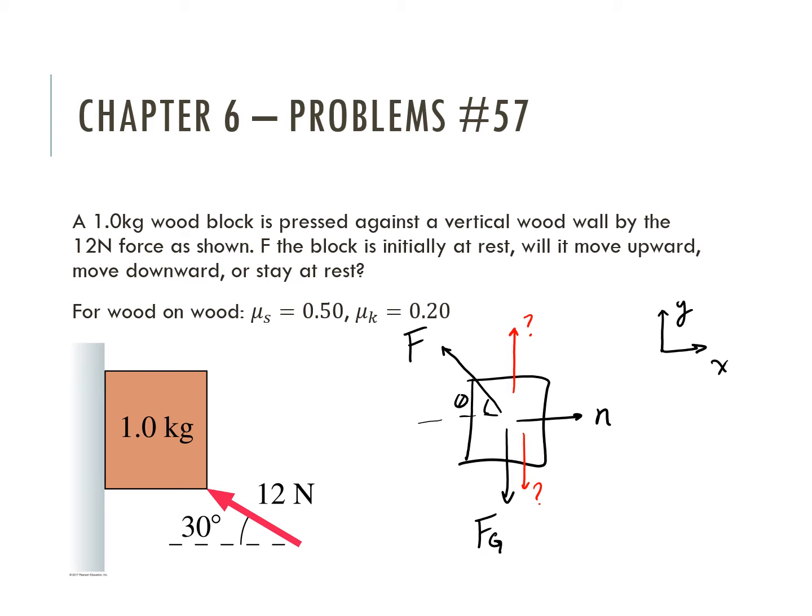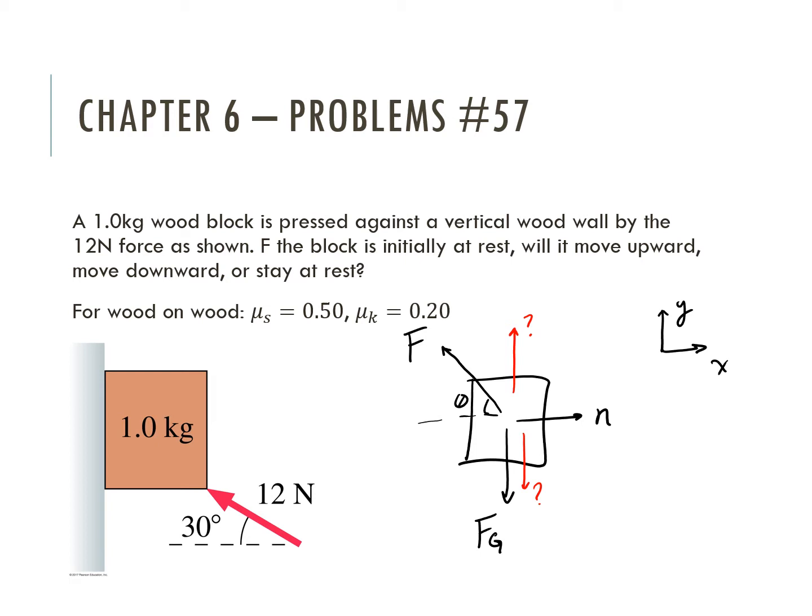The box moves down, kinetic friction points down. If the box isn't moving, is it not moving but it would go up if there was no friction, or is it not moving and it would go down if there's no friction? So I don't know which direction the friction should point. So I'm just not technically going to include it on my free body diagram.